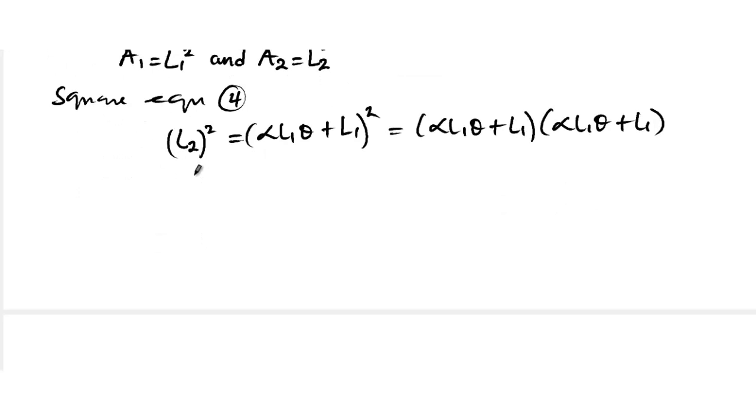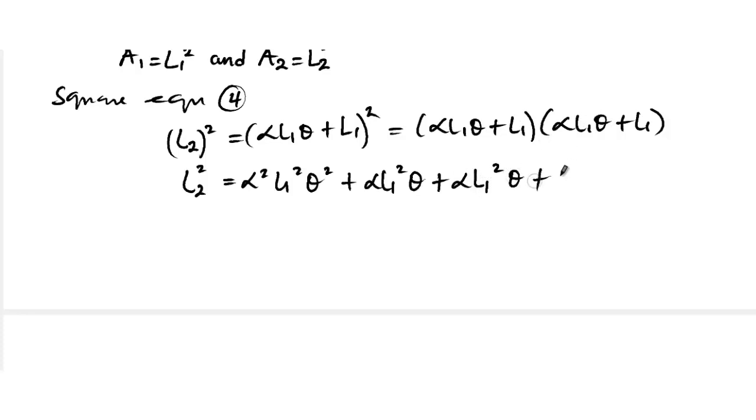L2 square will now give us alpha L1 theta times alpha L1 theta, that will give us alpha square L1 square theta square. Then alpha L1 theta times L1, that will give us alpha L1 square theta, plus L1 times alpha L1 theta, that will give us alpha L1 square theta. Then L1 times L1, that is plus L1 square.